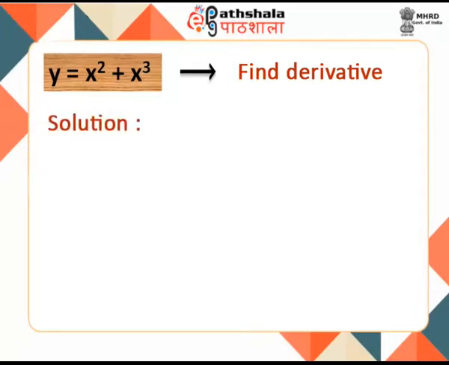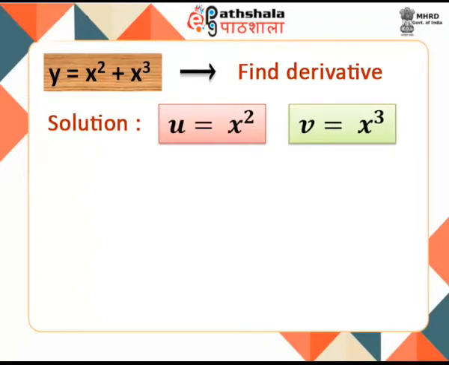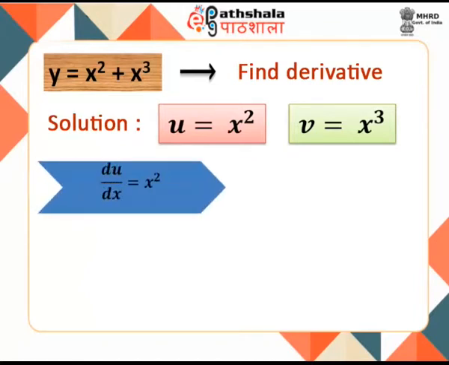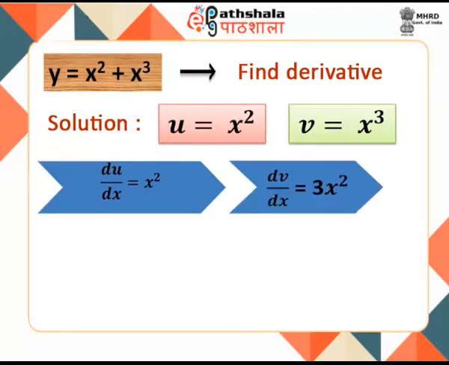The solution begins as: let u equal to x square and v equal to x cube, so that u and v are functions of x. Therefore, du by dx equal to 2x and dv by dx equal to 3x square. We can write y is equal to u plus v.